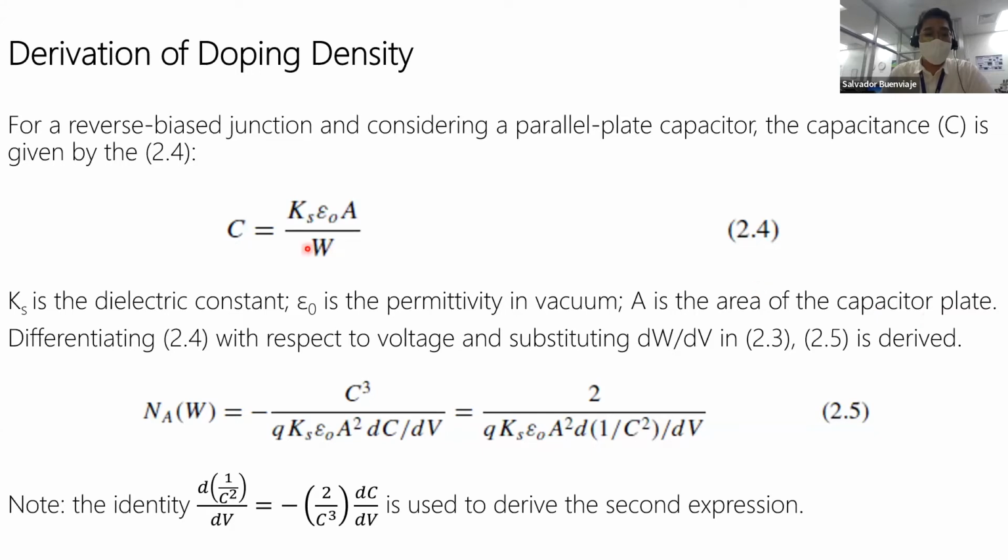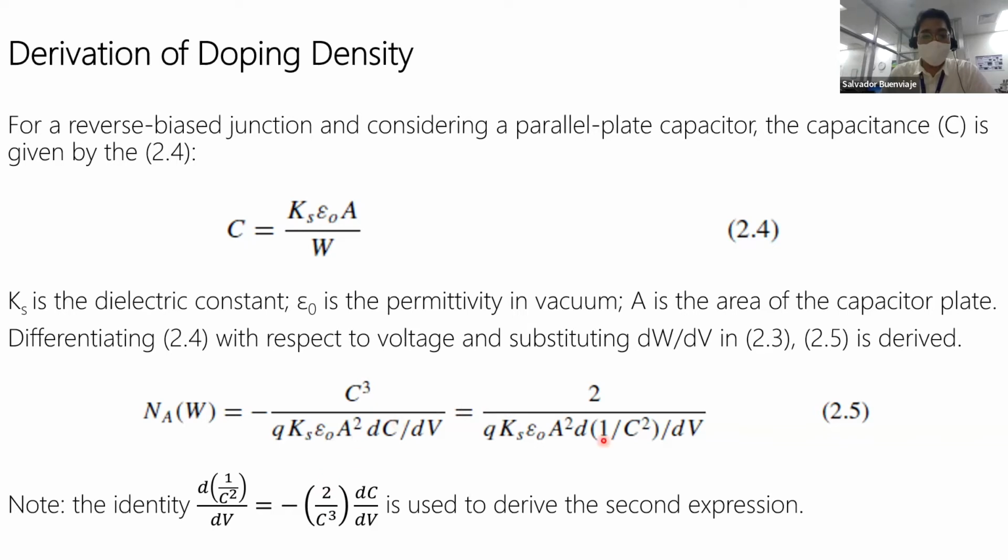As we differentiate equation 2.4, we can derive the equation for doping density as a function of the width of the space charge region, the SCR. This is actually the important equation that we need to remember.